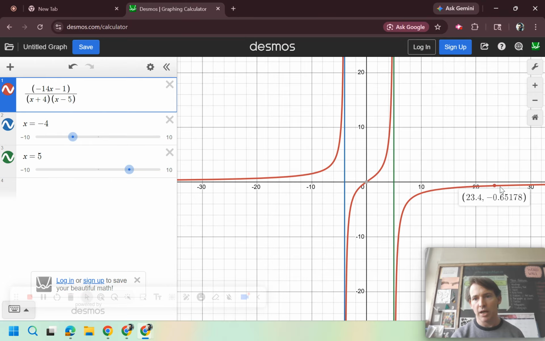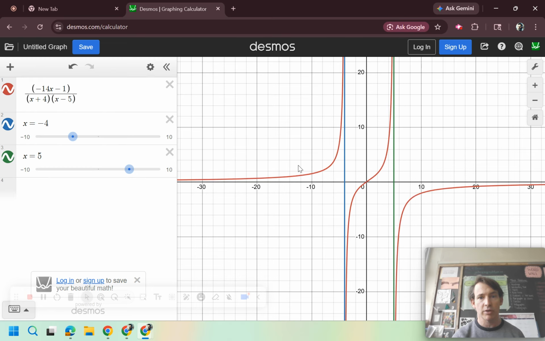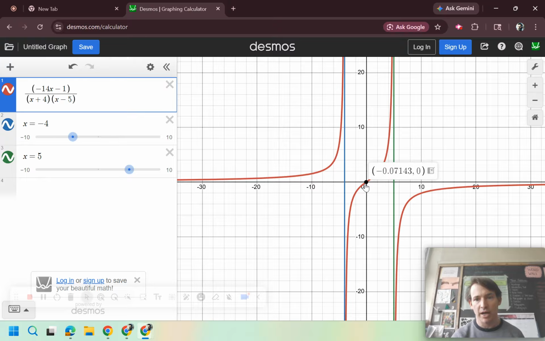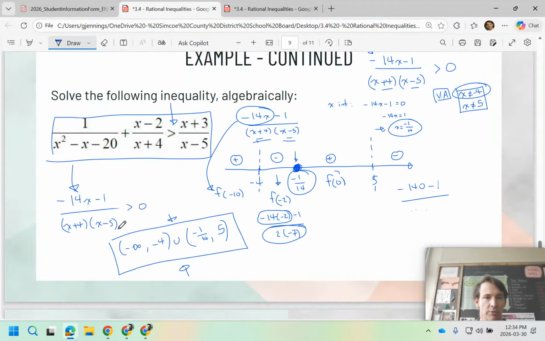We're approaching infinity from the negative side, and we're approaching 0 from the negative side there and 0 from the positive side there. And so when this thing was greater than 0, it was up to this asymptote, all the way off to infinity that way, and after the x-intercept there, all the way towards this asymptote, but not in any other regions. So this range here.